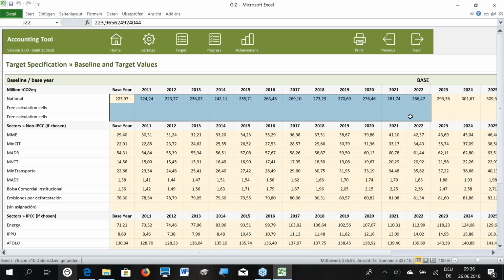Here we decided for this Colombian case to include annual data. They have this information for the baseline.